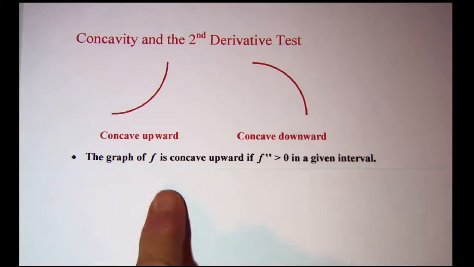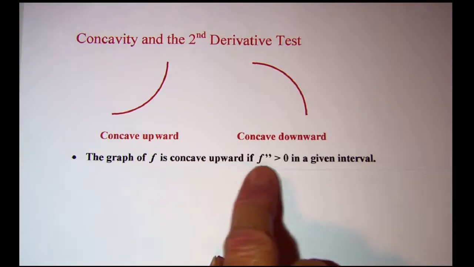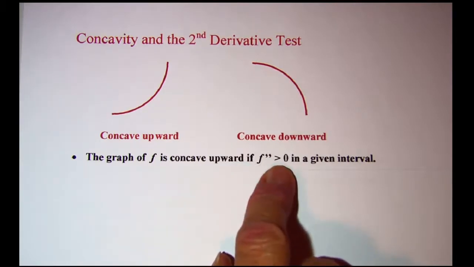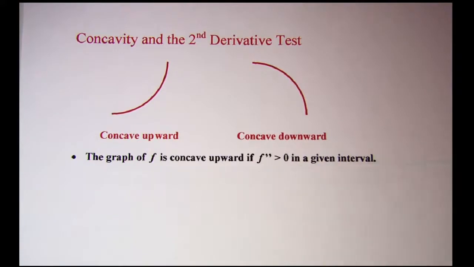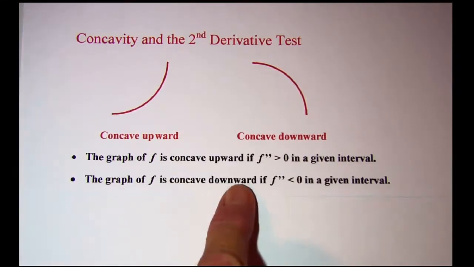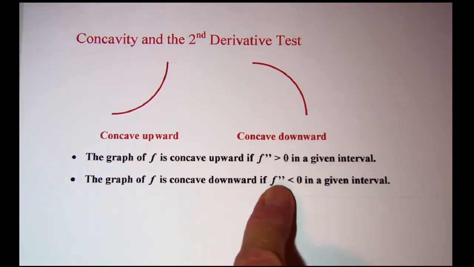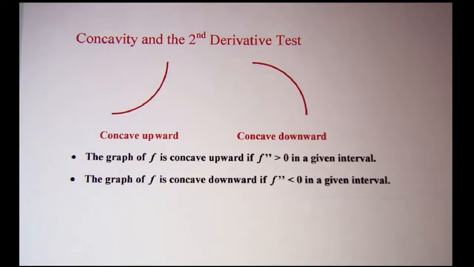The graph of a function f is concave up if the second derivative is positive in a given interval. The graph of a function is concave down if the second derivative is negative in a given interval.